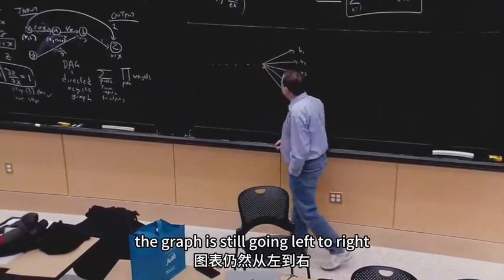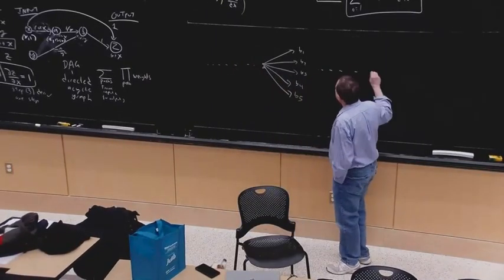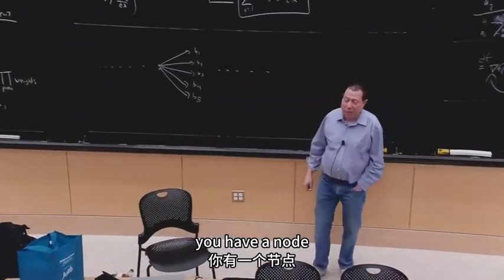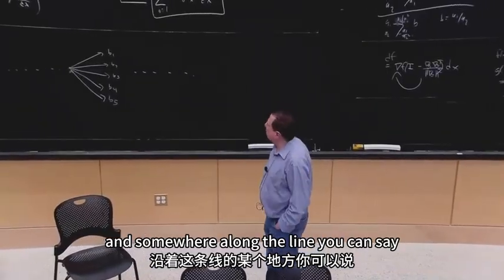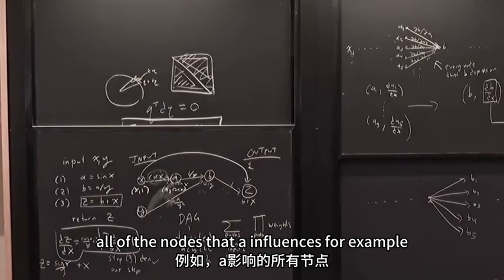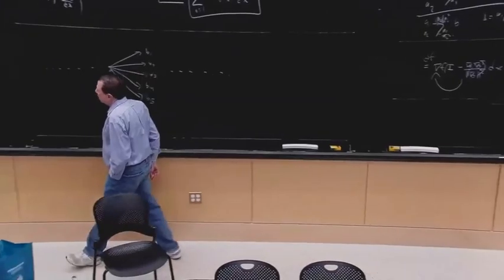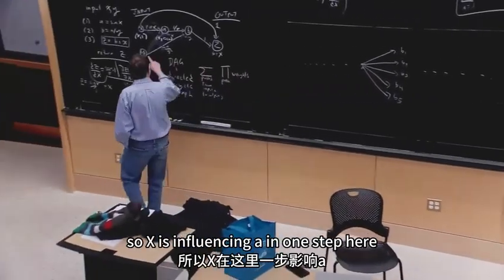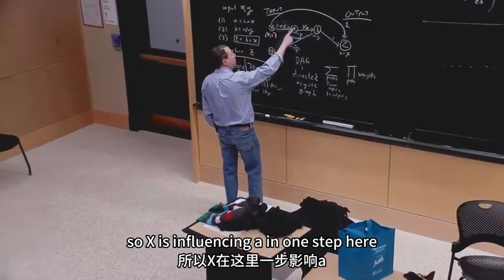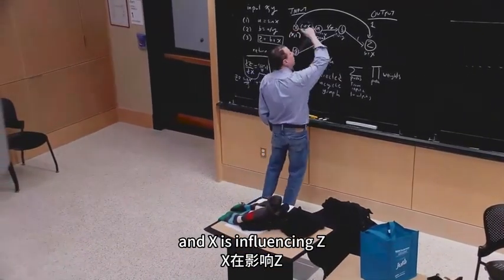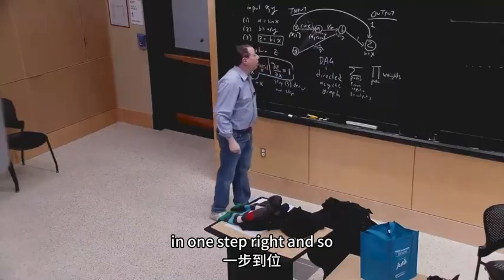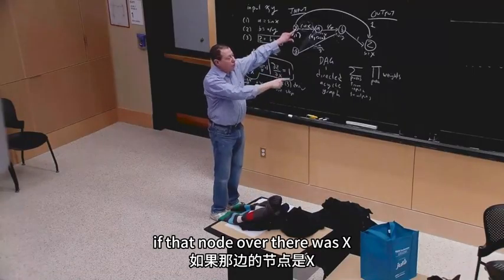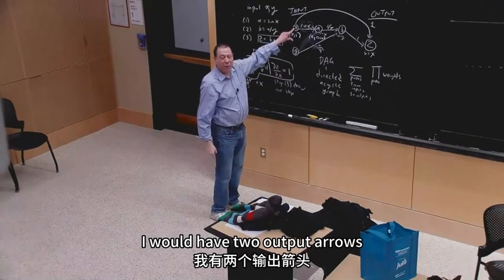The graph is still going left to right, but you have a node, and somewhere along the line, you can say all of the nodes that A influences in one step. So X is influencing A in one step here, and X is influencing Z in one step. If that node over there was X, I would have 2 output arrows.